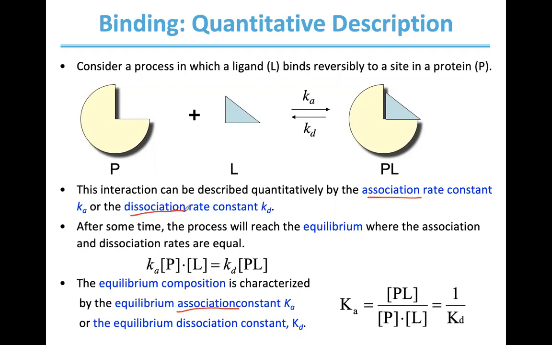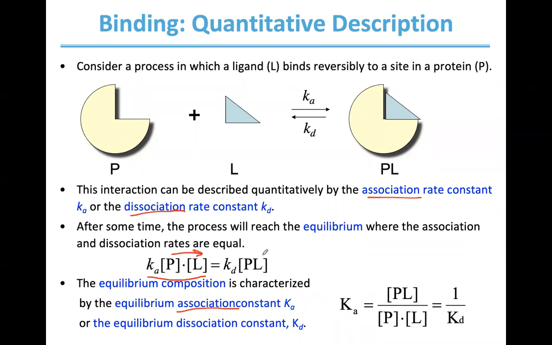And so after a certain point, you mix these two together. The two reactions are both expressed using these rate constants, rate laws. So this is the reaction rate constant times the concentration of the protein times the concentration of ligand, right? So this is the forward reaction.